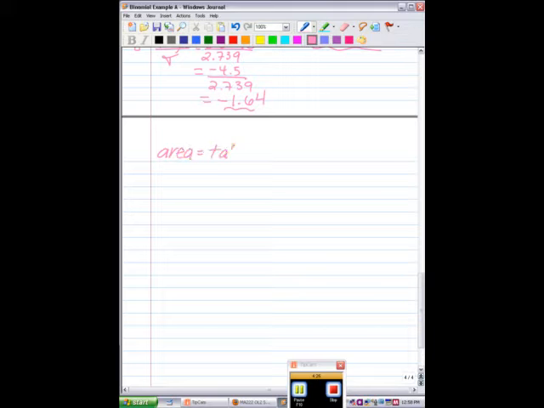So we're going to do a table lookup, and that's for our z value of negative 1.64. We get 0.0505. As a percent, that would be 5.05%. And if we want to round to the nearest percent, we get 5%.